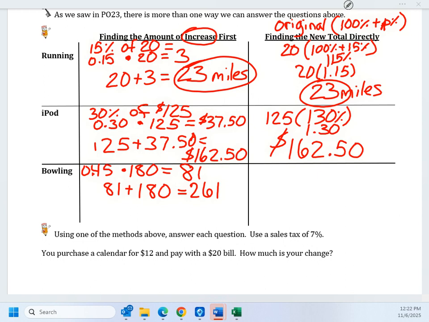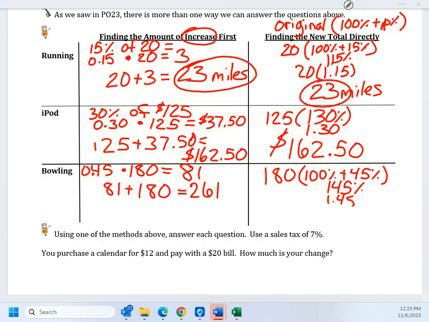Let's look at our last one, bowling. Our score is 180 and we want to raise it 45%. What should my equation be? Who can tell me what the equation is I'm going to use? Clara. 100% plus 45%, which gives me what percentage, Clara? 145%, which is what decimal? 1.45, right?